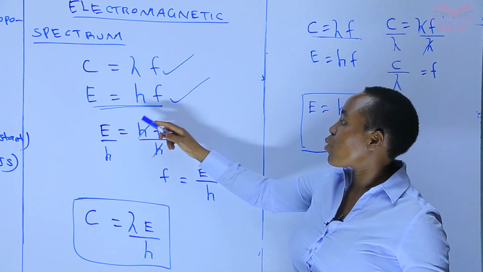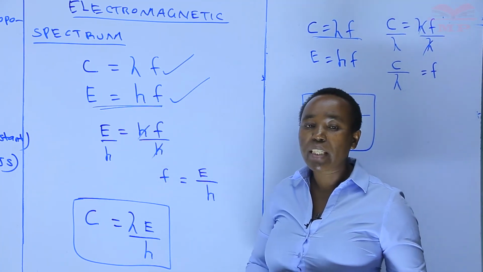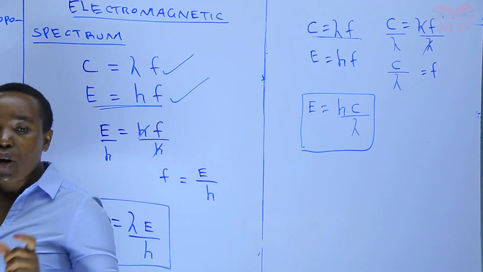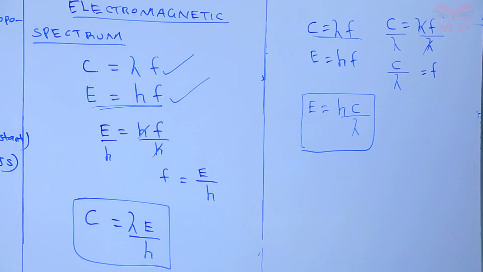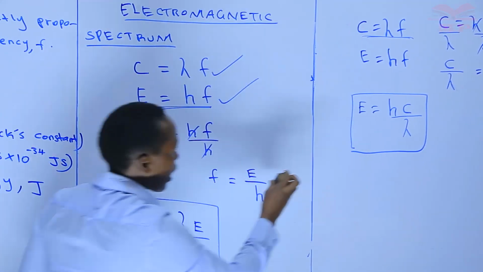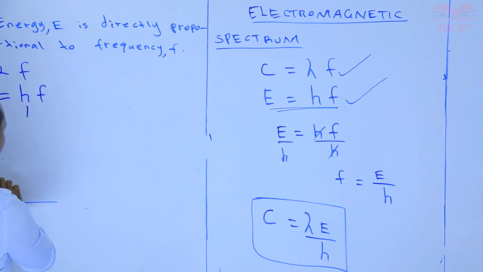If you are given energy, for example, in kilojoules, convert it into joules. So calculations should be done when the quantities are in their respective SI units. So I want us to go into a question and see whether we can apply the formulas that we have been able to derive.